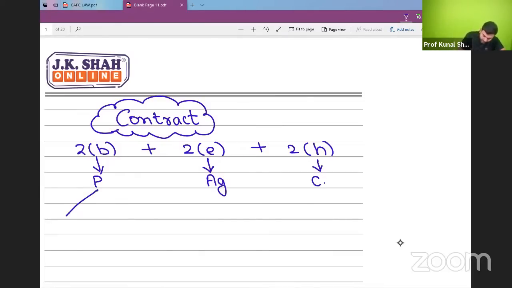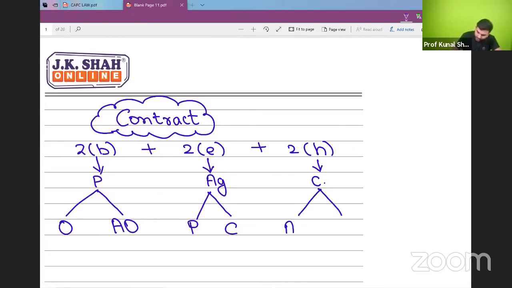For a promise, there has to be an offer and acceptance of offer. For an agreement, there has to be a promise along with a consideration. For a contract, there has to be an agreement which is enforceable by law.